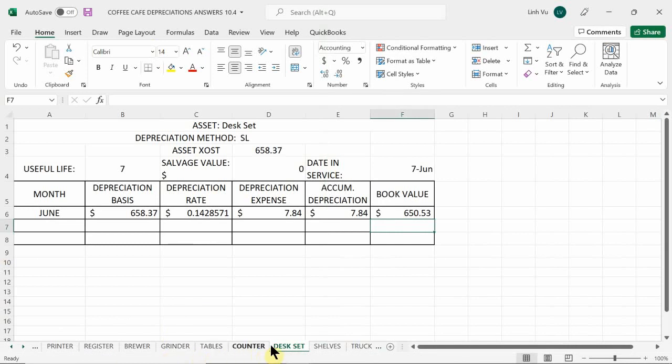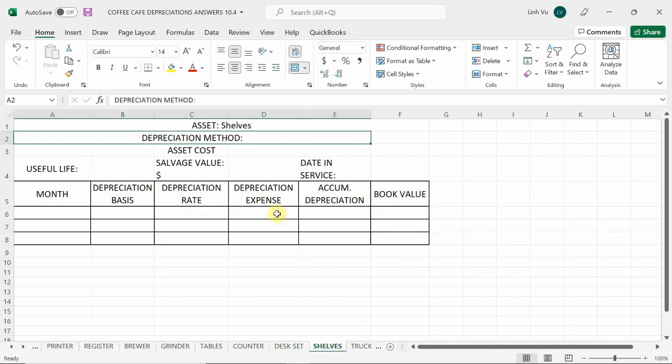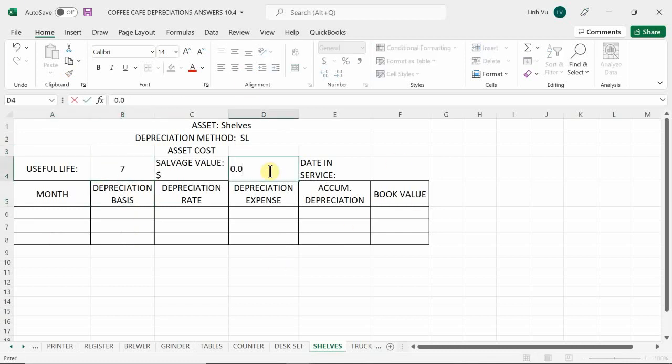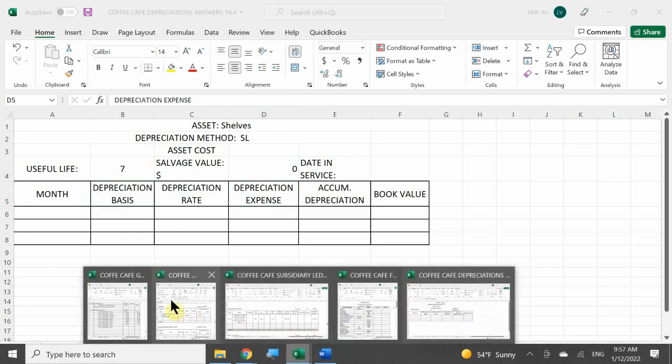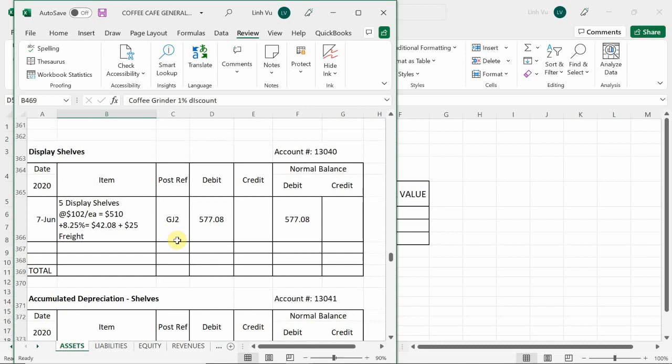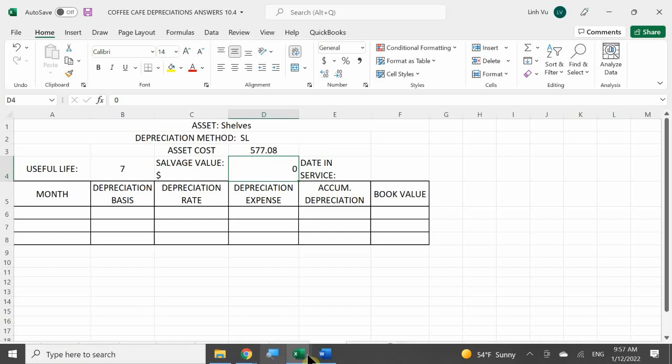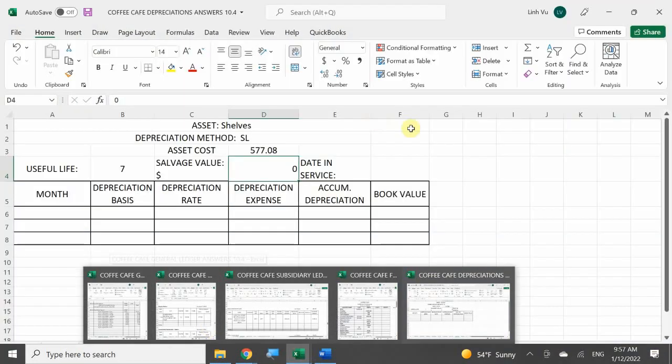Display shelves. Once again, we're doing straight line. 7 years. No residual value. The display shelves are 577.08. And the date that we placed into service, June 7.